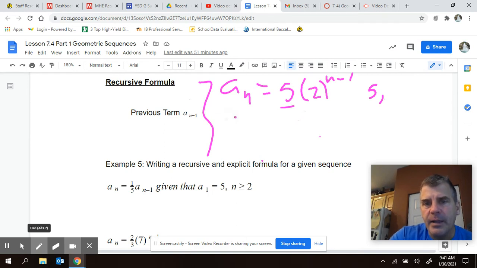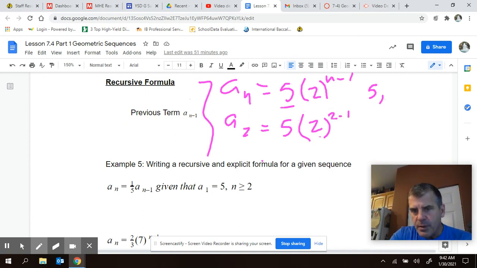Well, then we're going to calculate to find the second one. Let's just do the math in our heads here. We're taking 5 times 2 to the 2 minus 1. Well, 2 minus 1 is 1, which means we're going to have 2 to the first power, or 2. So 2 times 5 gives us 10. And so we know our second term is 10.